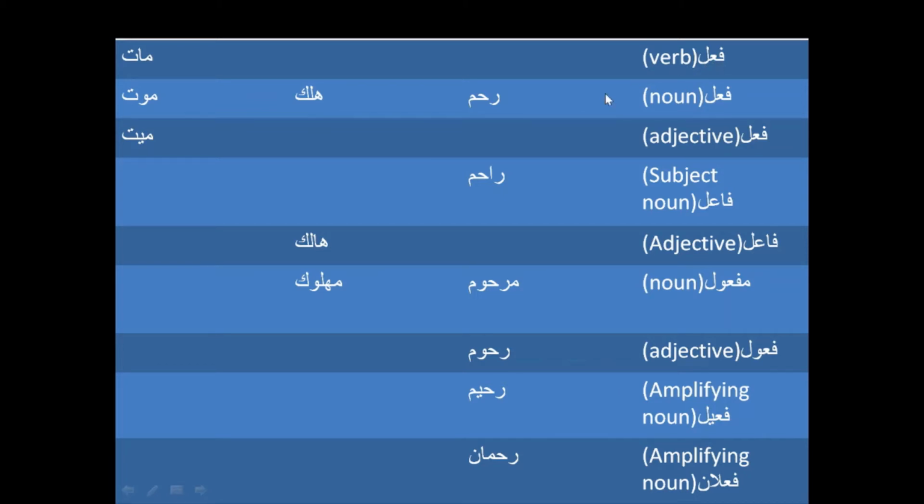This is fa'l, three-lettered, and on this scale we have this word maat. This is also a three-lettered word. In the middle there is a vowel, and on the sides there are consonants. So this maat is actually a verb. Then this second word is, for example, halak, also on the scale of fa'l, a three-lettered word, all consonants, and this is actually a noun.